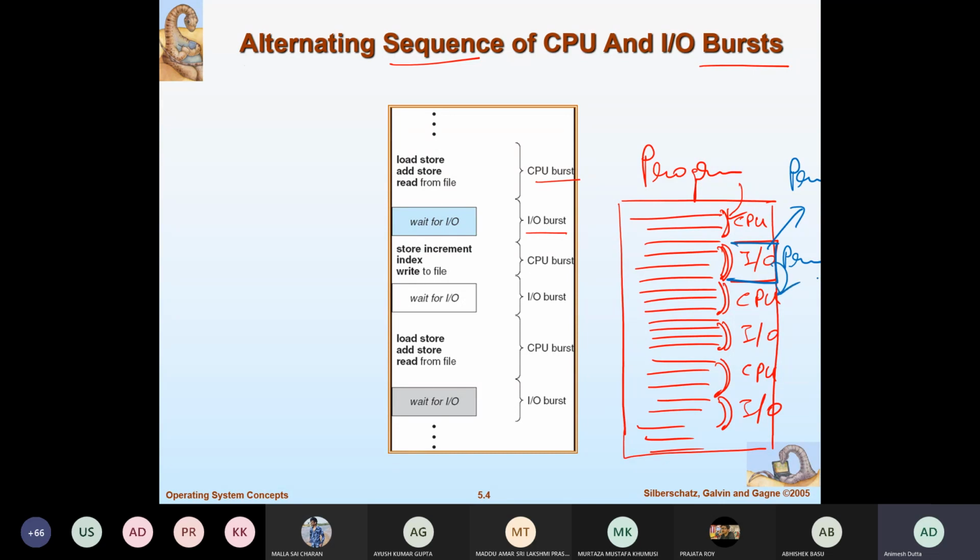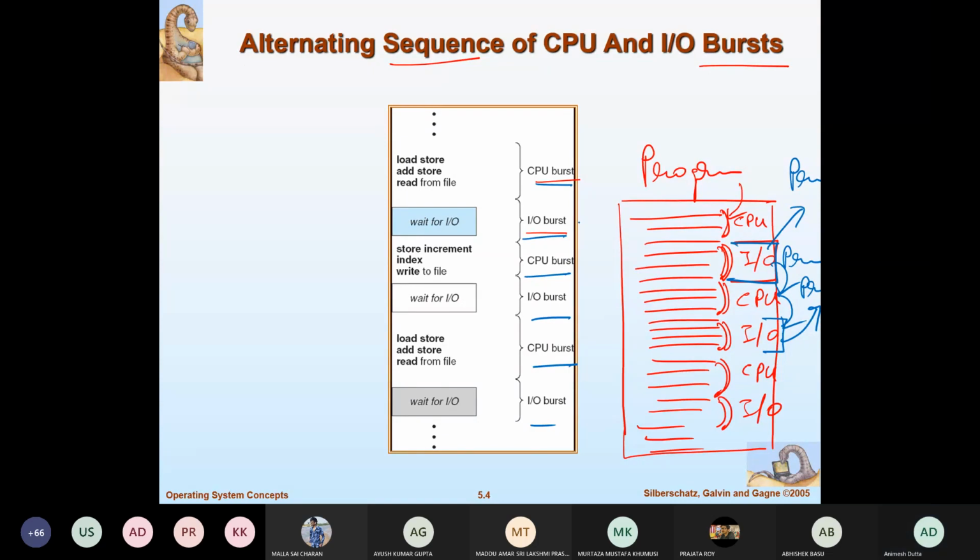Again it will look for the CPU, again it will come to IO, and again the CPU will be given to some other process. So the execution of a process is a combination of CPU burst and IO burst.